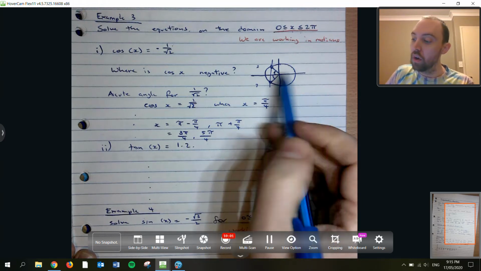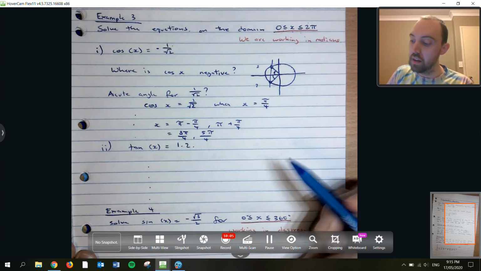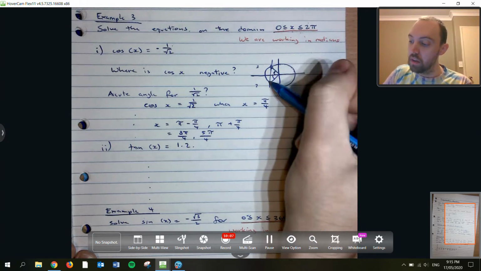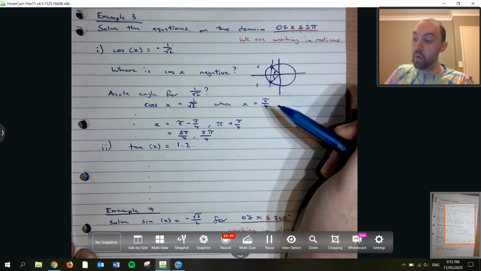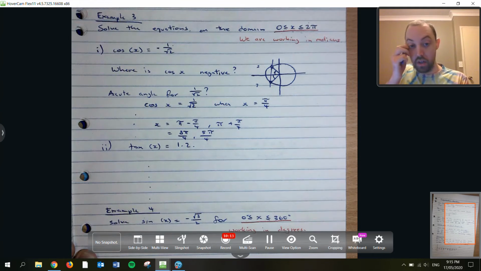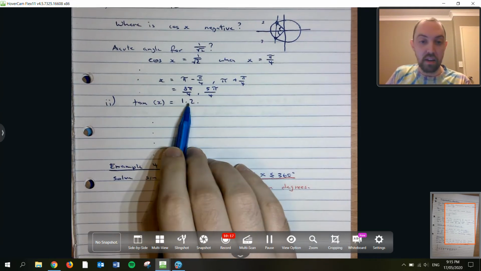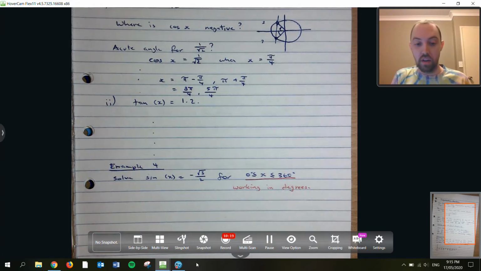Those are the only two solutions within a full circle, 0 to 2 pi, that we need to be worried about. We do need to name both of those solutions. Just saying 3 pi on 4 is not going to be enough. You might get situations where it's not exact values, and then we have to go to our calculators.